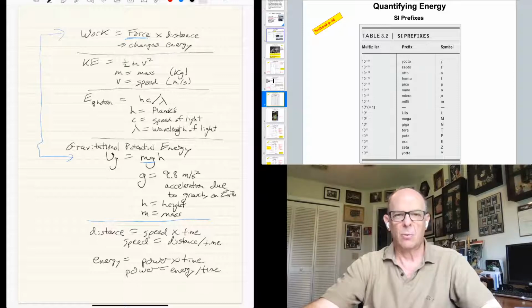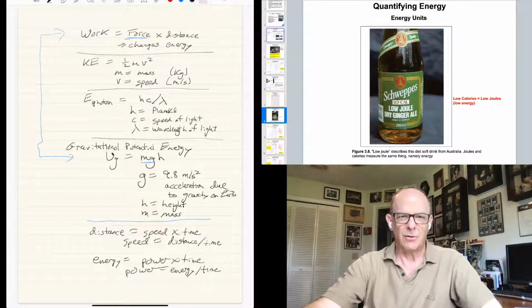A milli is 1/1000th of something, micro is 1/1,000,000th of something, kilo, abbreviated with K, is 1,000 somethings, mega is 1,000,000 somethings, giga is 1 billion, or 10 to the 9 somethings, and we're all familiar with those from our cell phones and things like that.